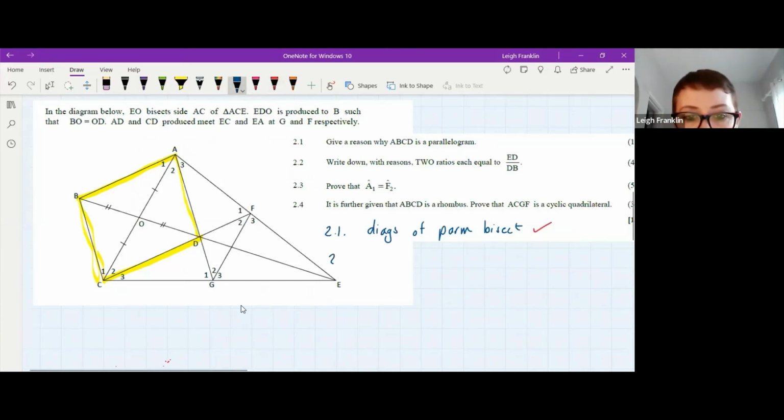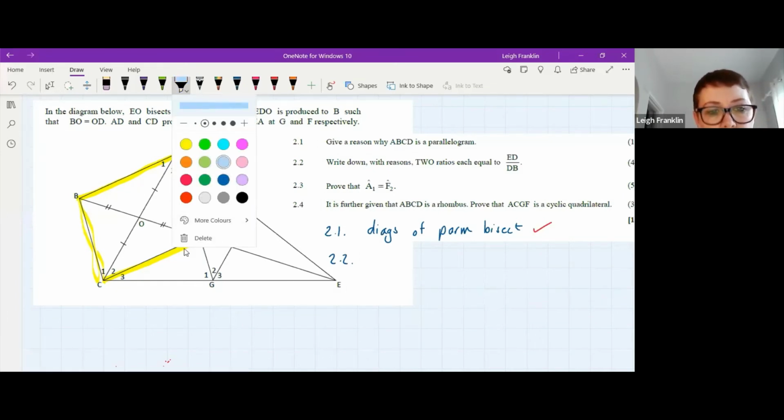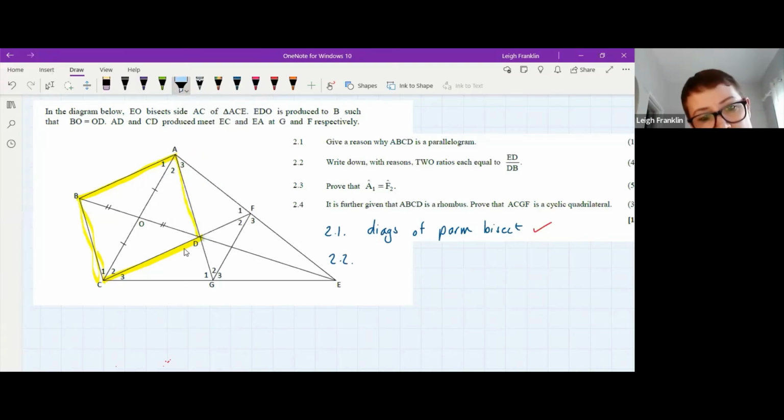Next question, 2.2. Write down with reasons 2 ratios each equal to ED over DB. Let's get another color and highlight ED over DB. Here's ED, and here is DB. So it's that whole line over there.